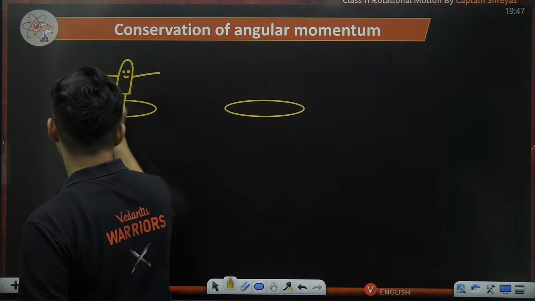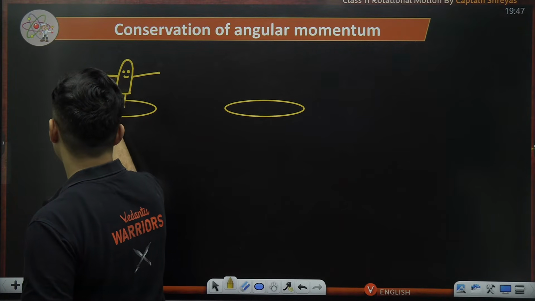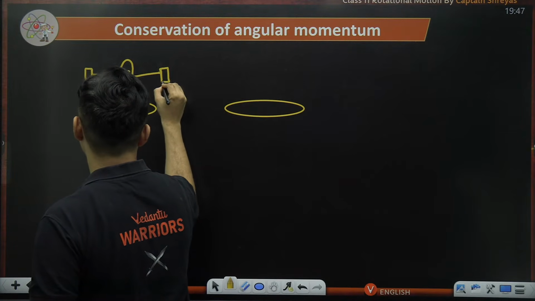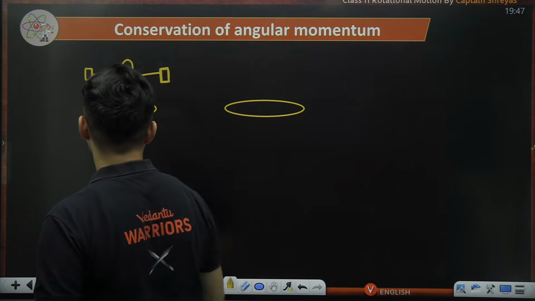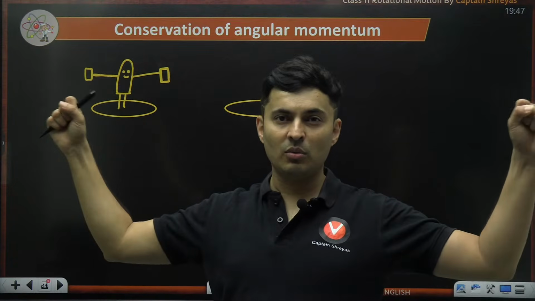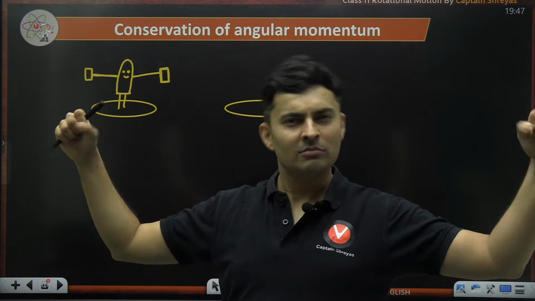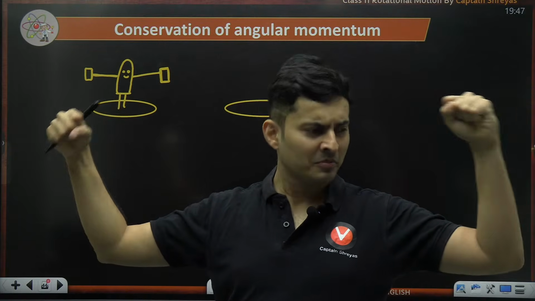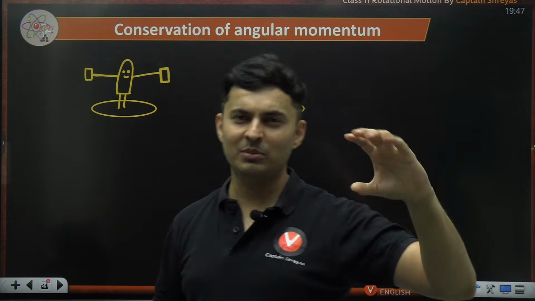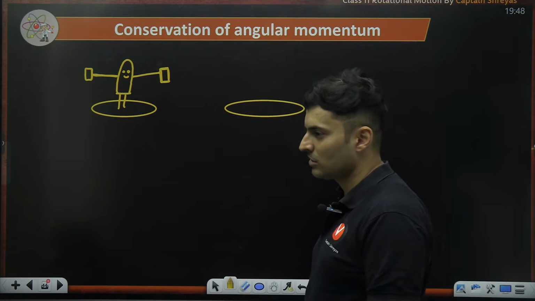He's stretching his hands and is holding two books, H.C. Verma and P. Bahadur, whatever. Halliday Resnick, not Irodov, Irodov is a very small book, right? Big books he's holding, IIT books.